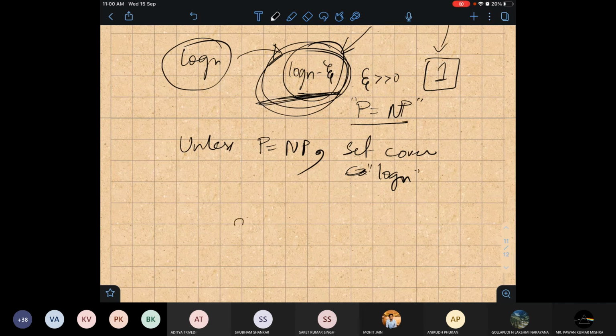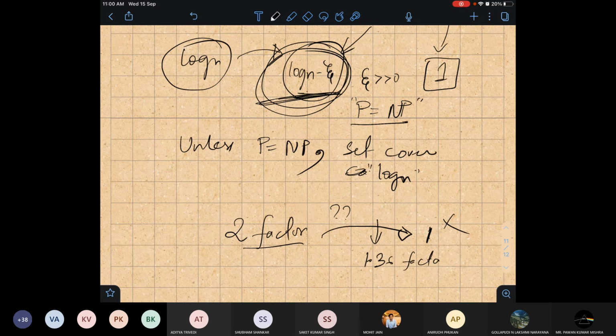For vertex cover, we have shown a two factor, na? Can we do better than 2? We know that we cannot go to 1. Till now it is an open question whether we can do better than 2. One argument is there, a 1.36 factor. By this I mean we cannot do better than 1.36.